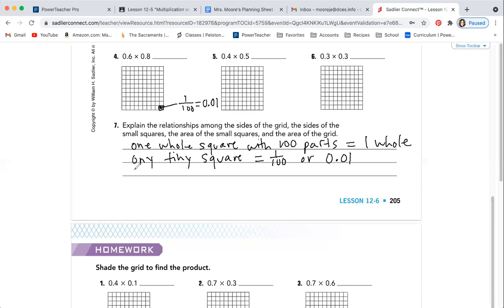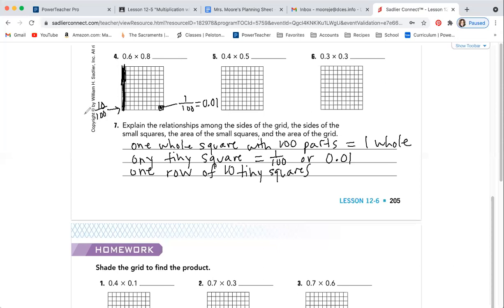And then for this last line, I want to write 1 row of 10 squares, 10 tiny squares. What would 1 row of 10 squares be valued at? So how many tiny squares are in 1 row? 10 out of 100. 10. Right?